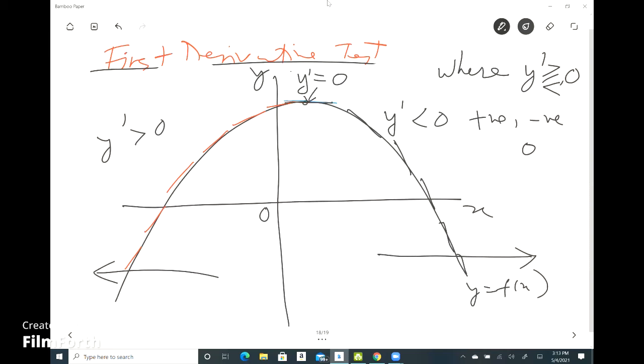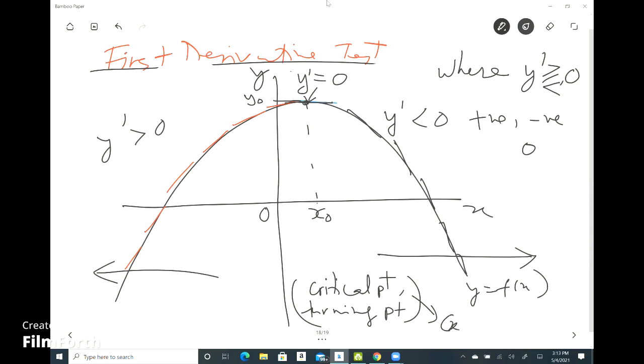So that point is quite important. You call that point as what? As the turning point, or you call it critical point. So where the y prime is equal to 0, call it x0, that would be called the turning point. When y prime equal to 0, the value of x is x0, the value of y will be y0. So you call that x0, y0 the critical point.